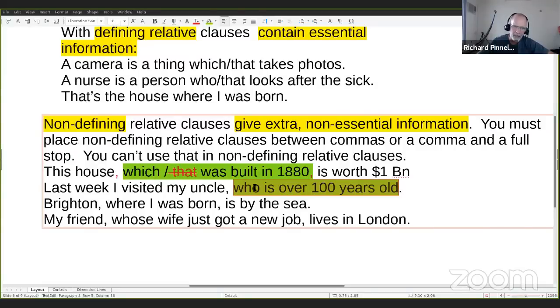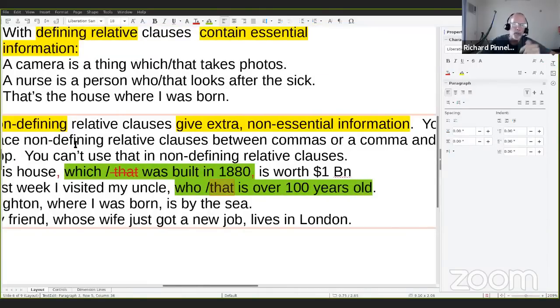So again, here you cannot use that. So this is probably why it's better when you're learning English to avoid using that completely and just use which for things and who for people, because then you don't need to worry about whether it's defining or non-defining, because we can use those for both.